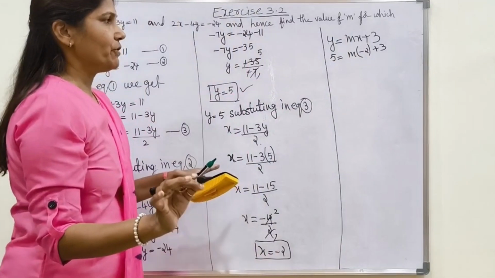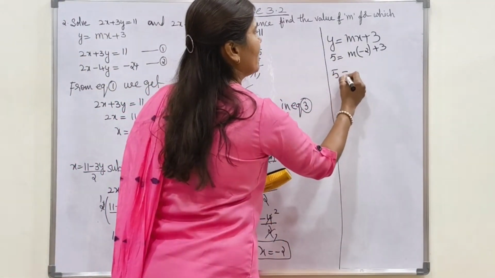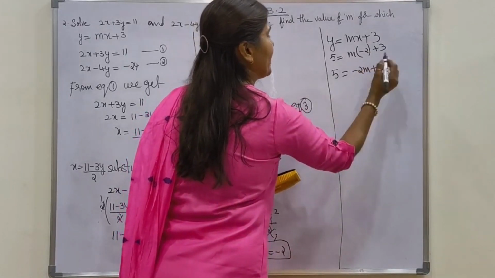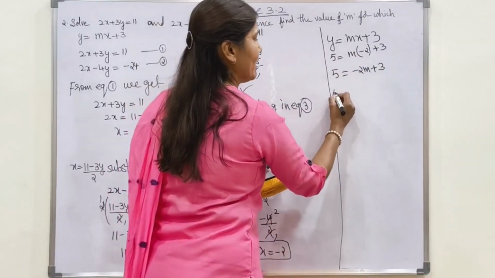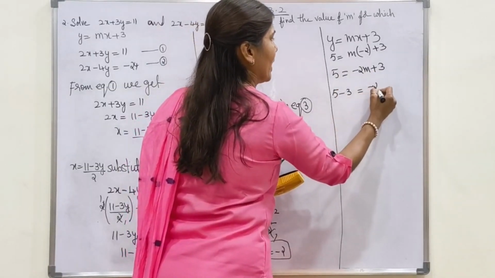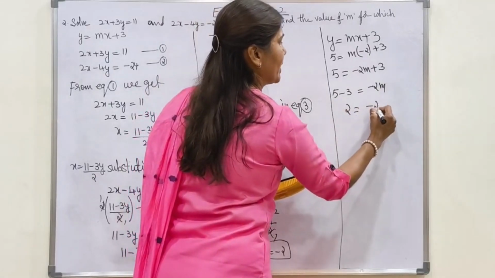Now we solve this. 5 = −2m + 3. Sending the 3 to the other side, 5 − 3 = −2m, so 2 = −2m.